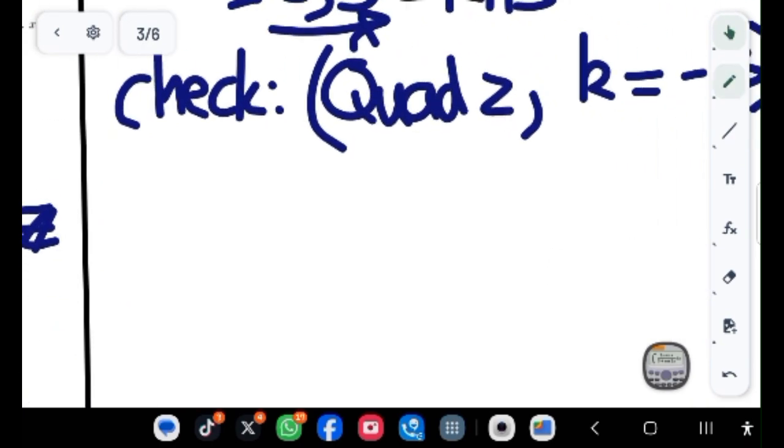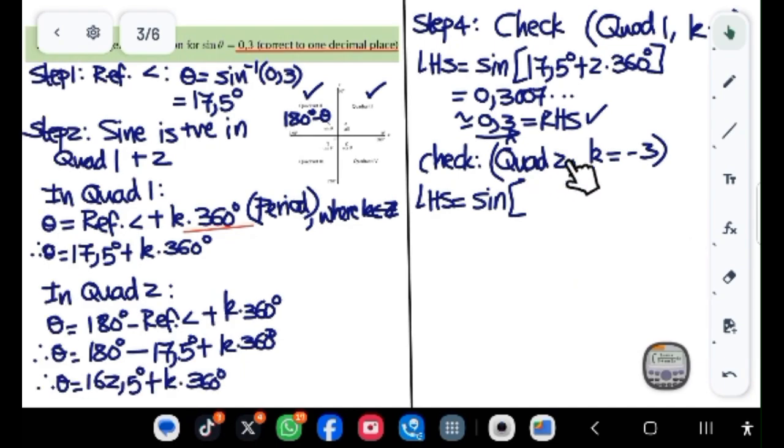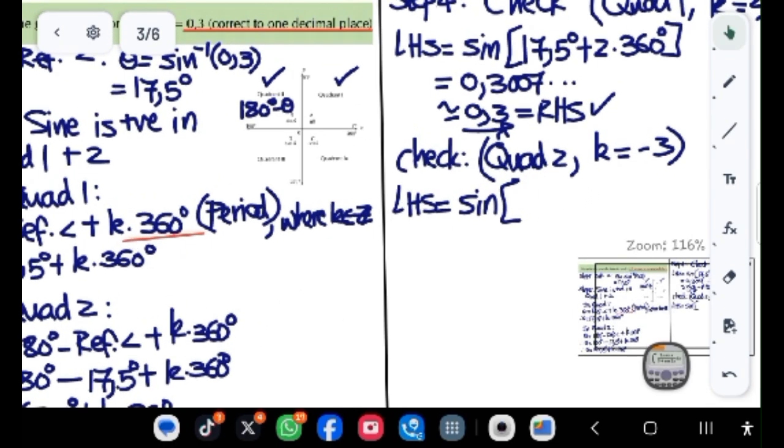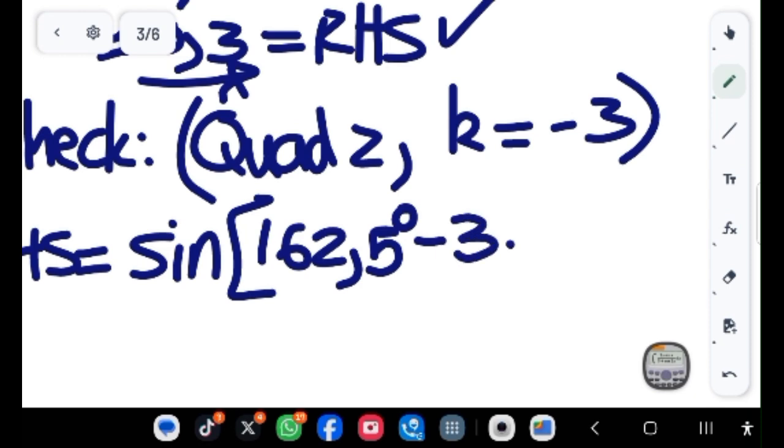So therefore the left hand side equals sine of, where there is theta, using quadrant 2, we substitute 162,5 degrees minus 3 times 360 degrees.